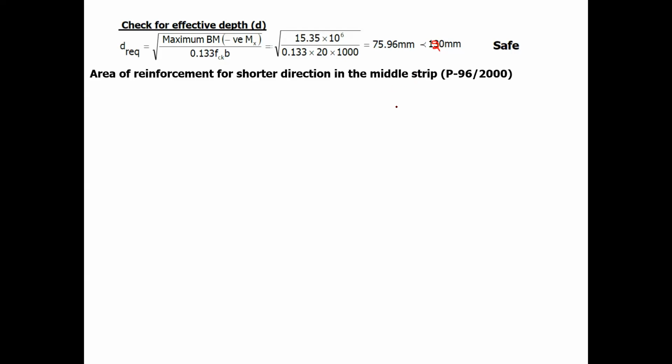According to IS 456:2000, page number 96, you have the formula: Mu is equal to 0.87 fy Ast d into 1 minus fy Ast divided by fck b d. Here it is mentioned for shorter direction, that's why we consider x, for representation.